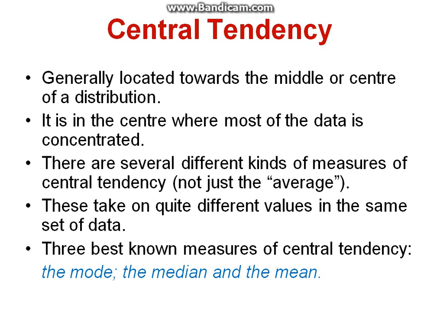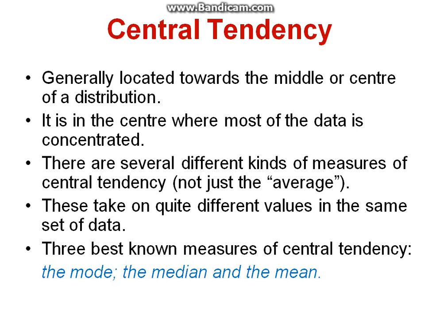Central tendency is something that is located towards the middle or the center of your distribution. When you have a data point distribution, central tendency lies somewhere towards the center of it, because it is the center where most of the data is located in a given set of data points. The common man uses the word average, and by the usage of that word, he includes a lot of different meanings.